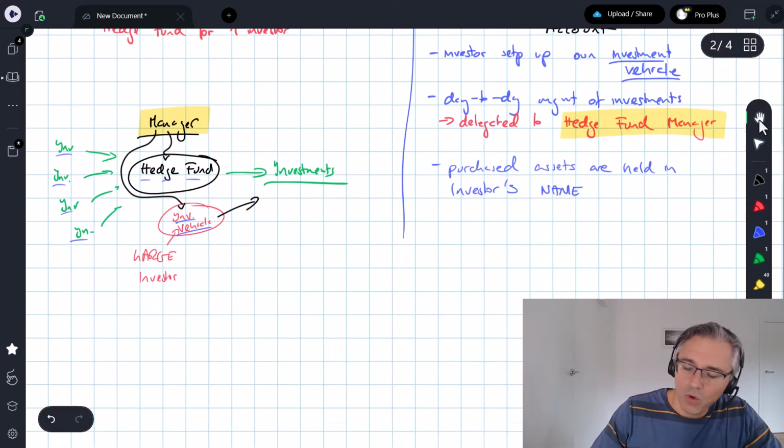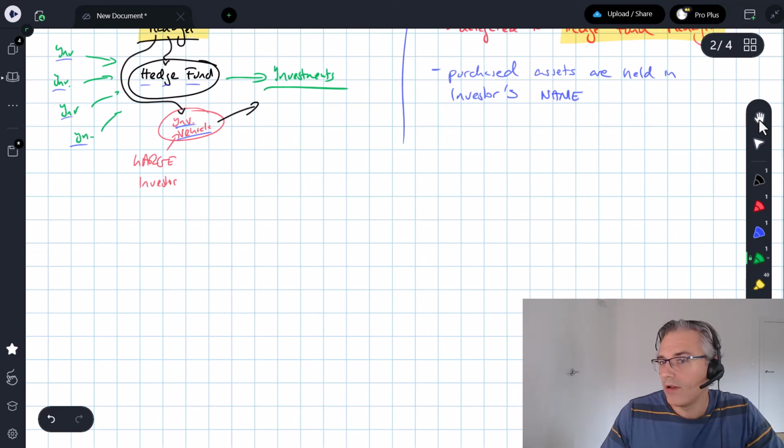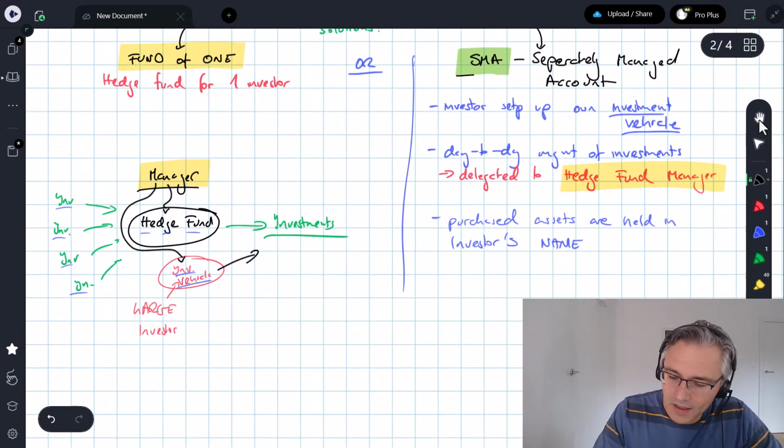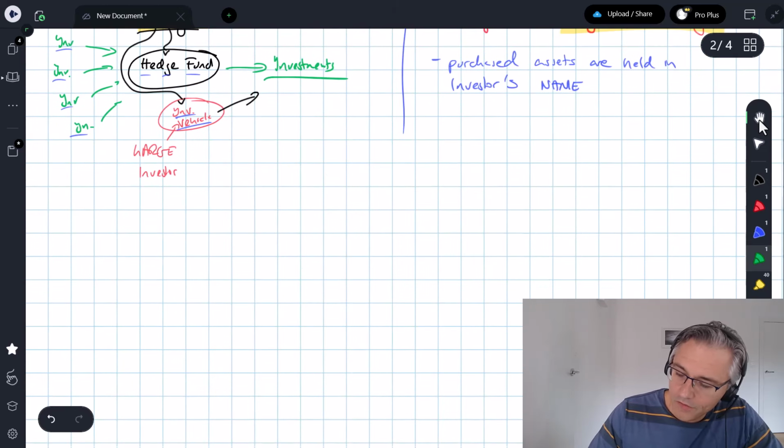And now I want us to appreciate the pros and cons of this setup known as the SMA. First of all, the positives, the advantages.